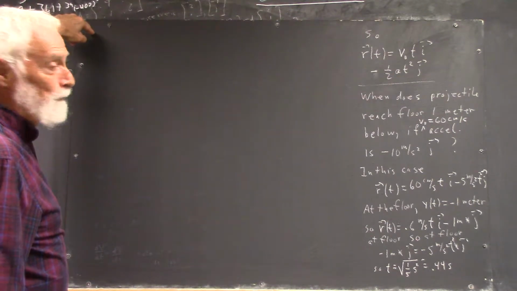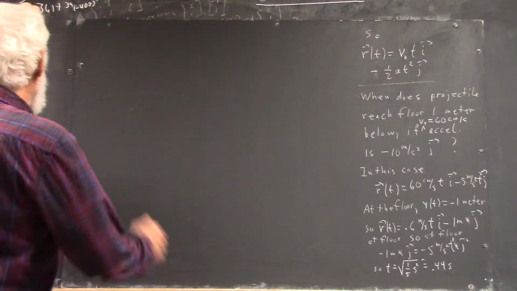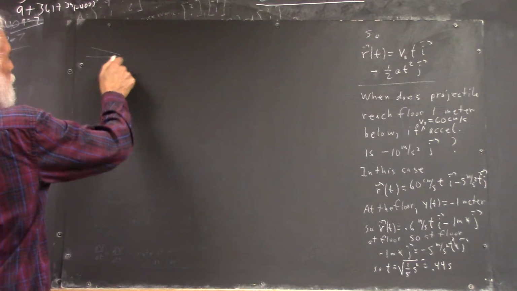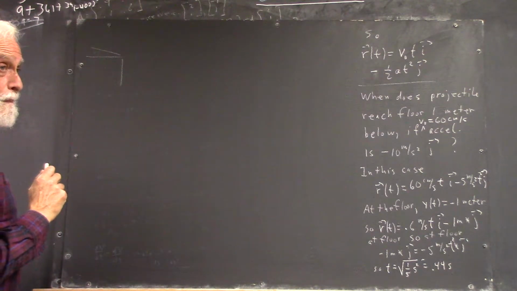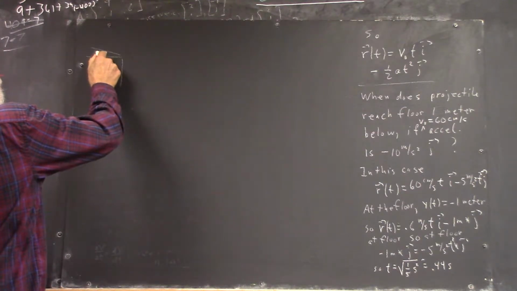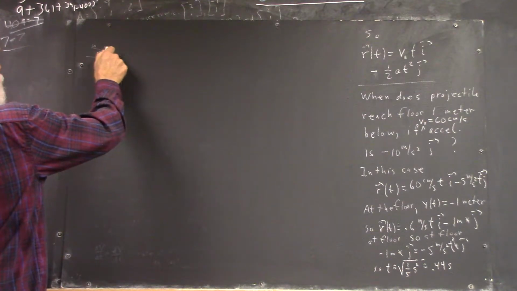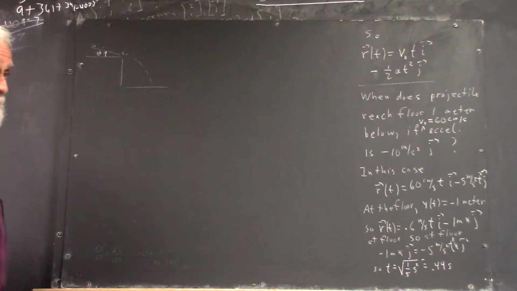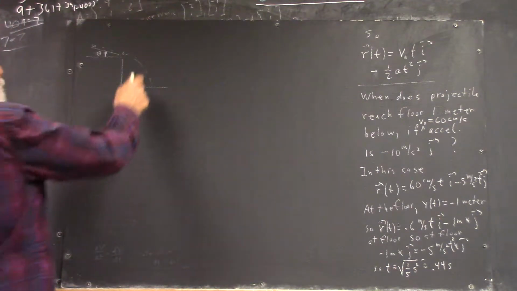Okay, so anyhow, now let's just draw a picture of this situation. We've got an incline, and the incline has some angle theta. A ball rolls down the incline and off the edge and then falls to the floor, right?